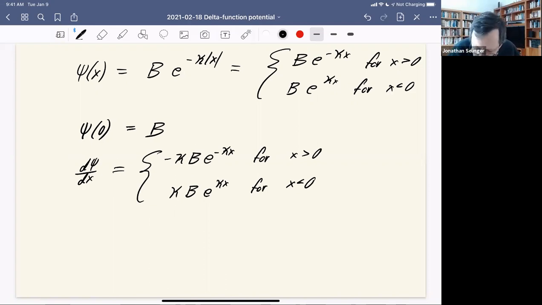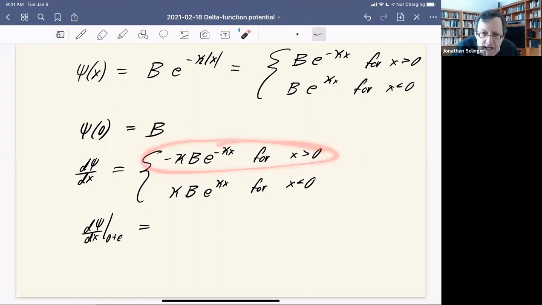So if I plug in a tiny little positive number, I have to use the first line. And if the number is really tiny, then I put in x equals 0 there, and I just get negative kappa b.